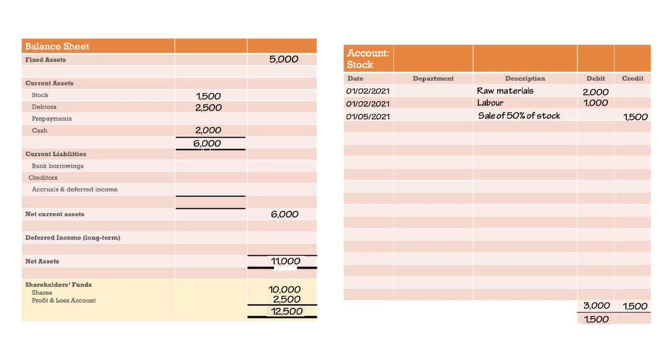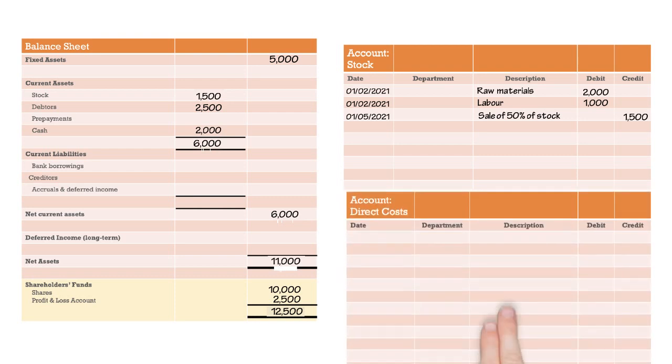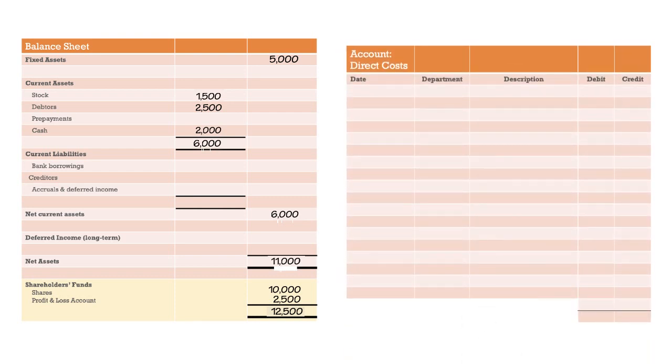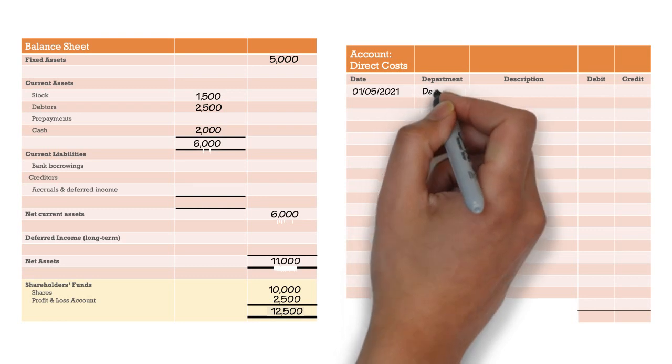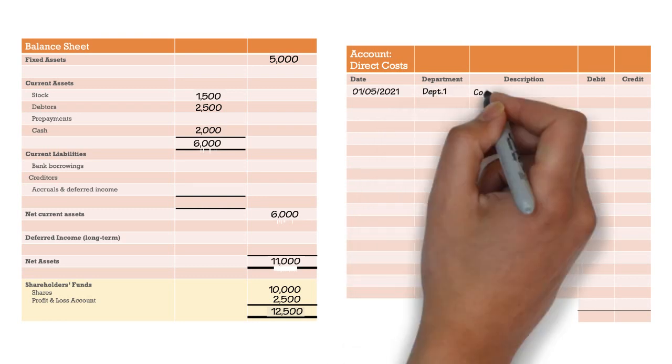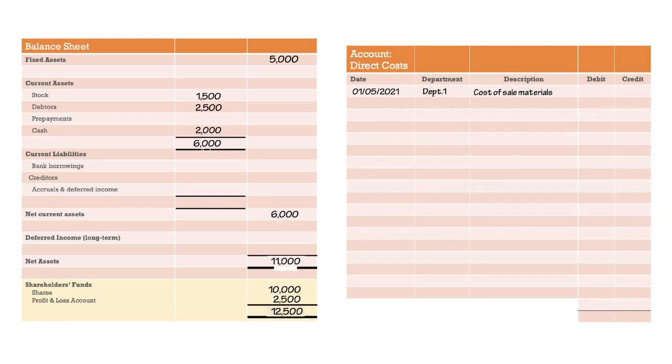We need to carry out the double entry, and to do this we'll find some more accounts. So we'll find the direct costs account. We'll continue to use the department that we chose, and here we'll record the cost of the sale, the materials that were within what we've sold. And if you recall, we initially paid £2,000 for the raw materials, then put them into stock. We've now sold 50% of the stock.